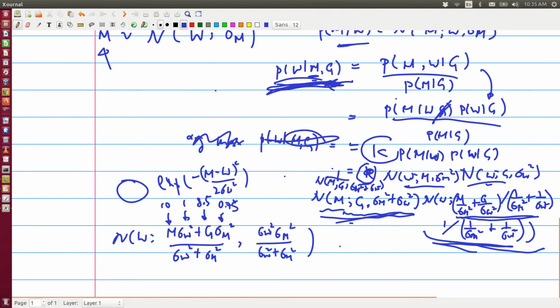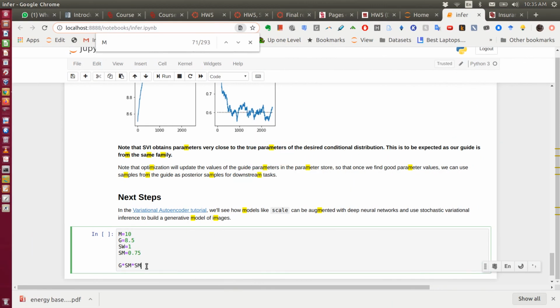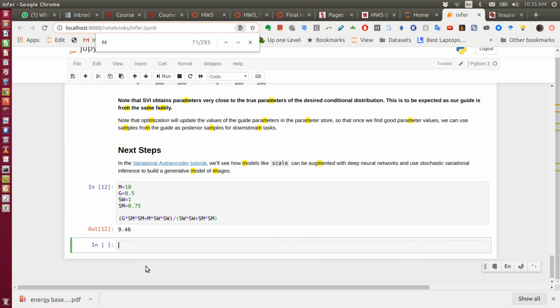Yeah, g times sigma m times sigma m, plus m times sw times sw, over sw times sw plus sm times sm. Okay, this is 9.46.